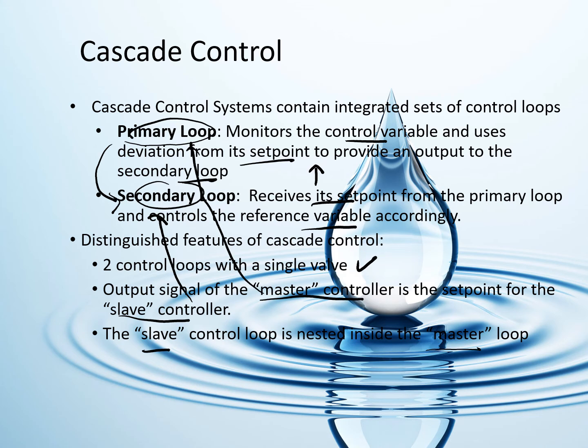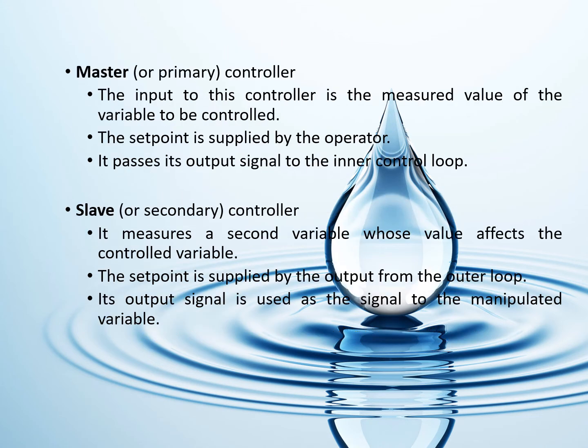After this, I will show the figure. What is the slave? What is the master? Master or primary controller, the input to this controller is the measured value of the variable to be controlled. Like feedback control, the input to this controller is the measured value.